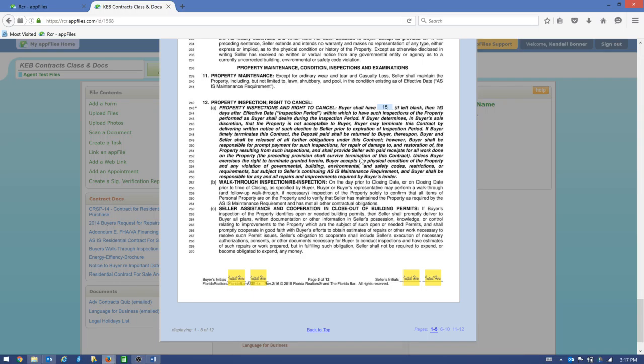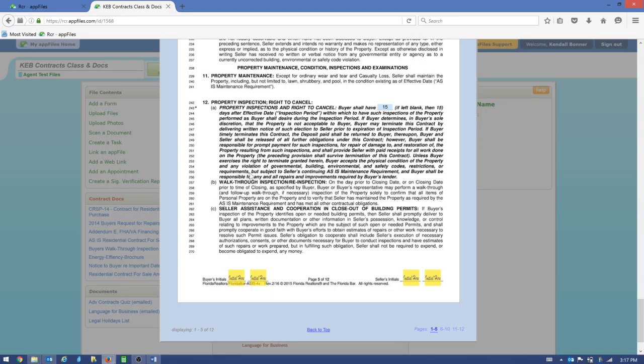Okay. So going back to this paragraph here. Unless the buyer exercises the right to terminate granted herein, buyer accepts the physical condition of the property and any violation of governmental, building, environmental, and safety codes, restrictions, or requirements.